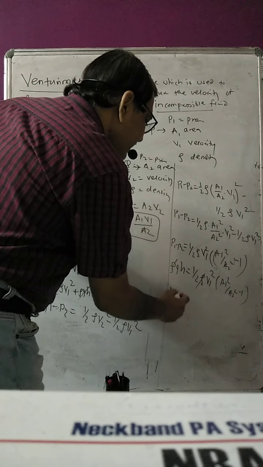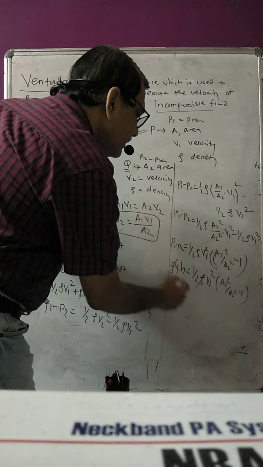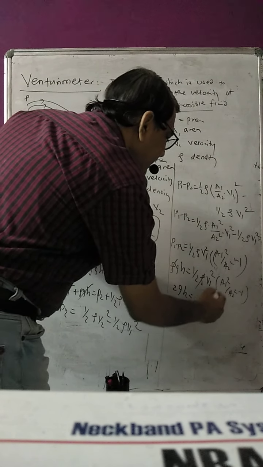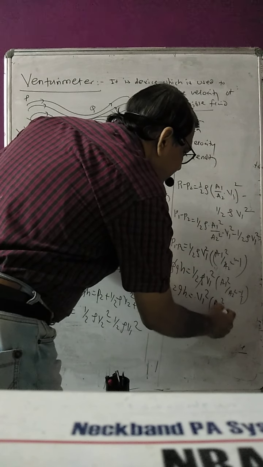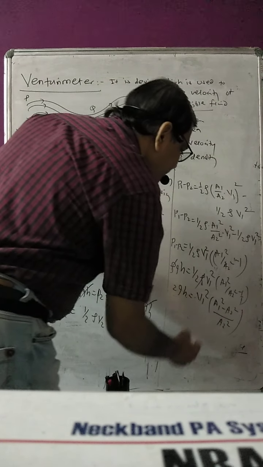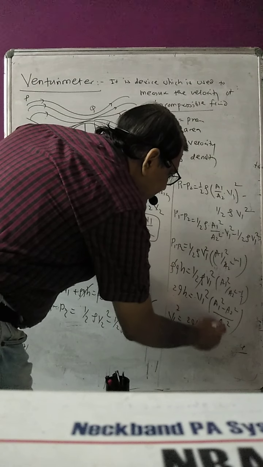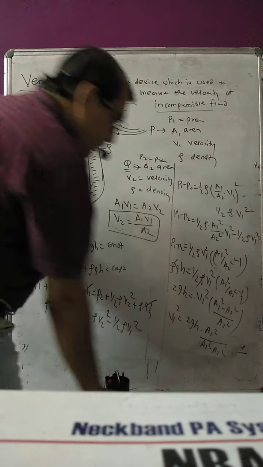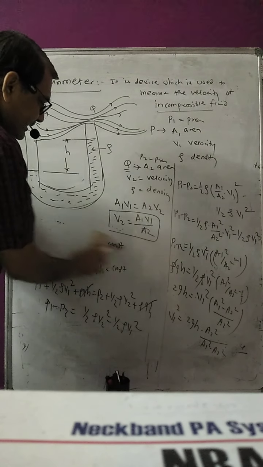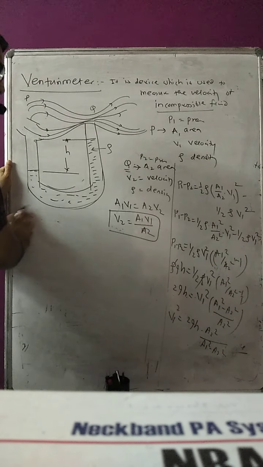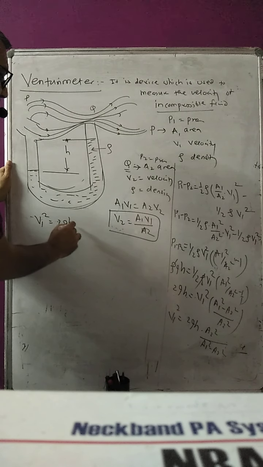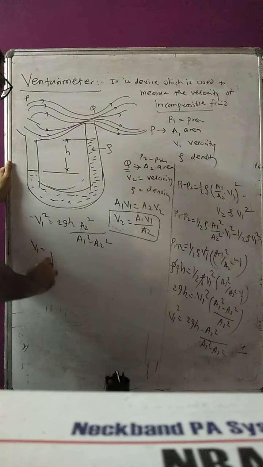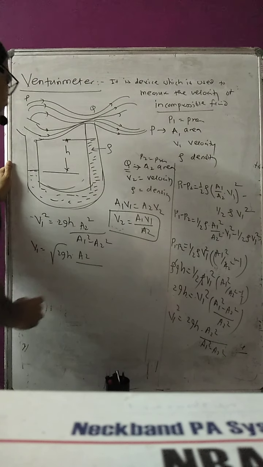We wanted this velocity. So 2 times gh is equal to V1 square into (A1 square minus A2 square) upon A2 square, or V1 square is equal to 2 times gh into A2 square upon (A1 square minus A2 square), and so therefore V1 is equal to under root of 2 times gh, A2 upon under root of A1 square minus A2 square.